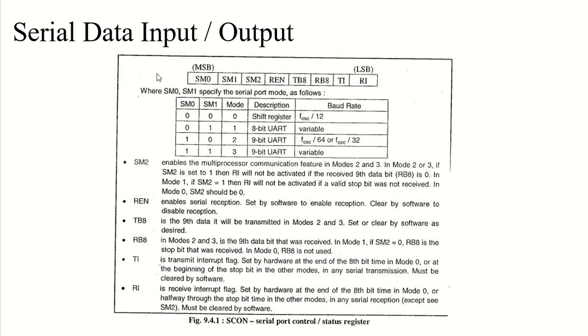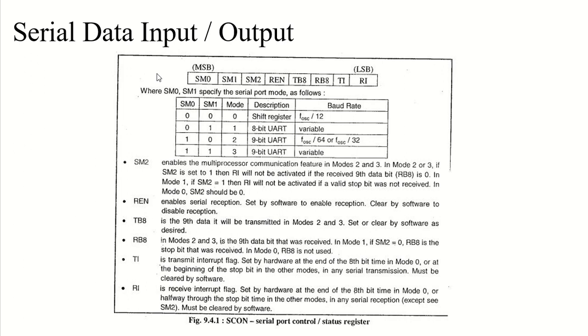Now a full duplex asynchronous serial interface can be implemented using the serial interface control circuitry, and a double buffered receiver is used in the circuit so that the receiver can receive a second character when the first one is in an intermediate register.